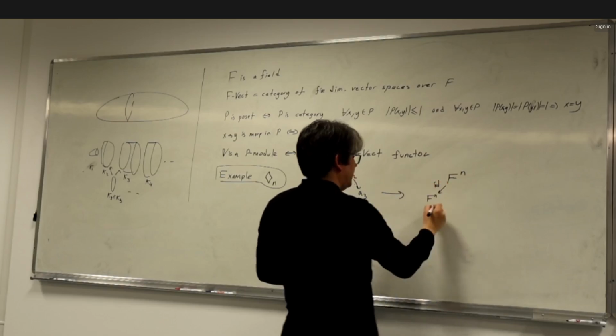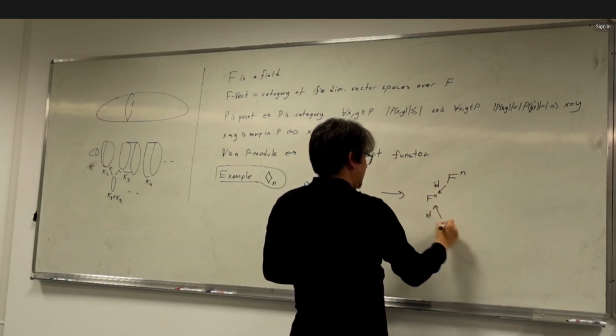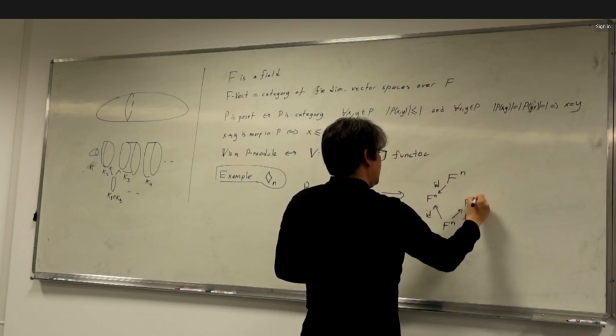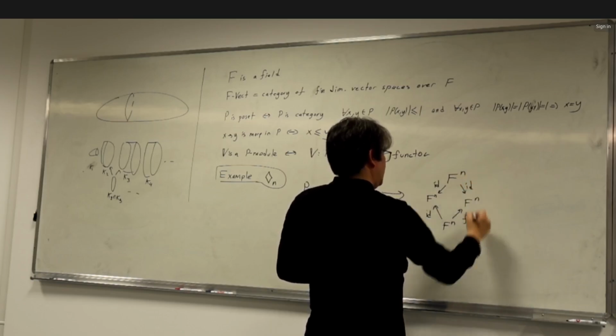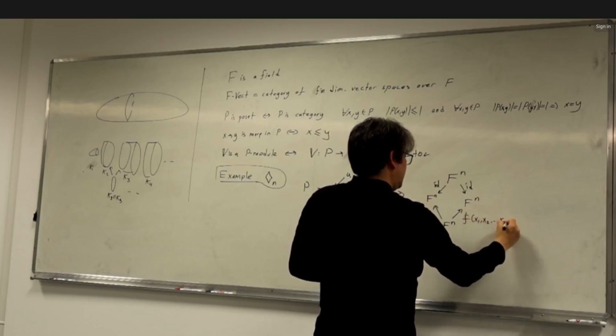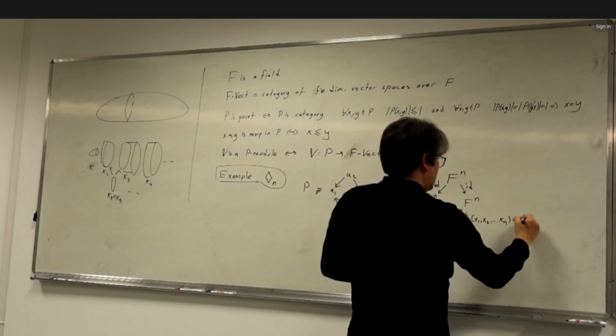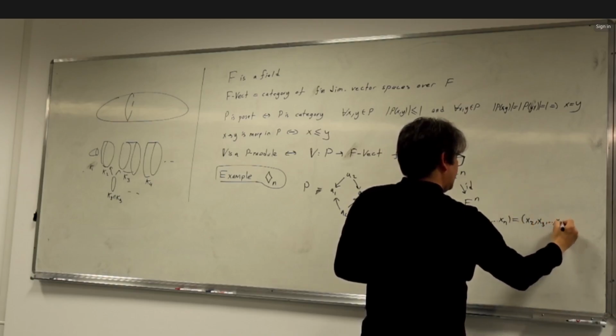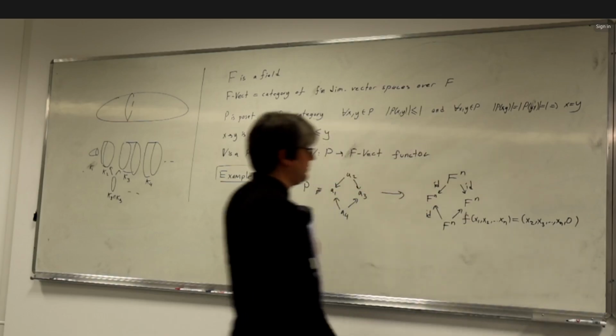Well, let's go to identity here, and then identity here, and then maybe some map F and identity here, and then F sends, for example, x1, x2, xn to x2, x3, xn, 0, something like this.